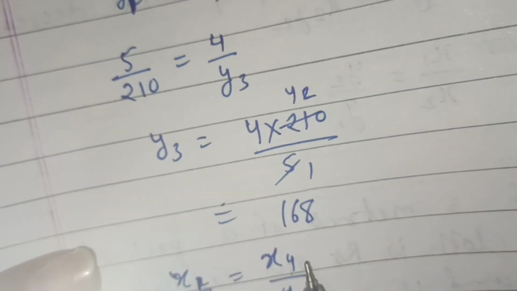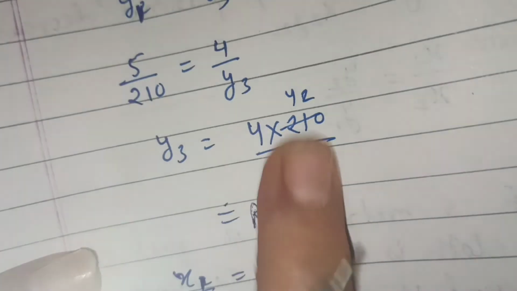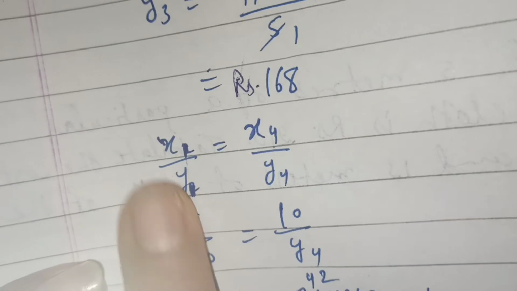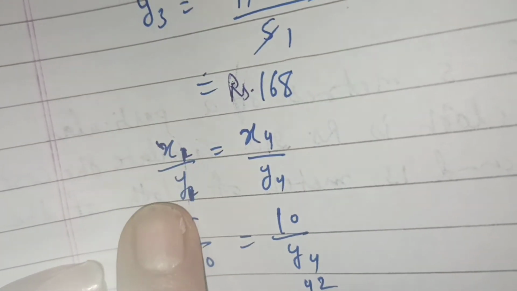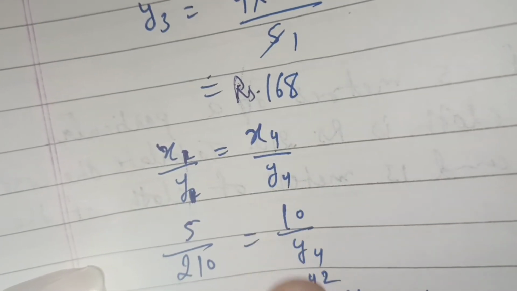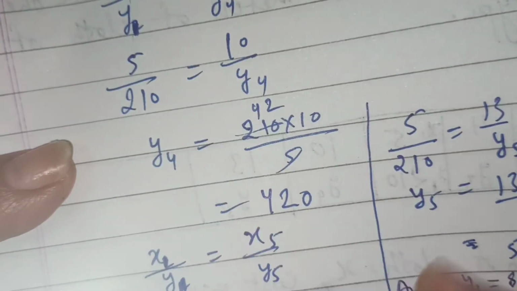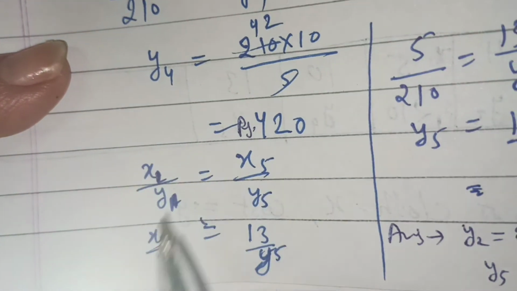By calculation, we got rupees 168 as the cost of 4 meter cloth. Now again, 5 meter is 210 and we have to find 10 meters. 10 meters of cloth costs rupees 420. This we also found by this calculation.